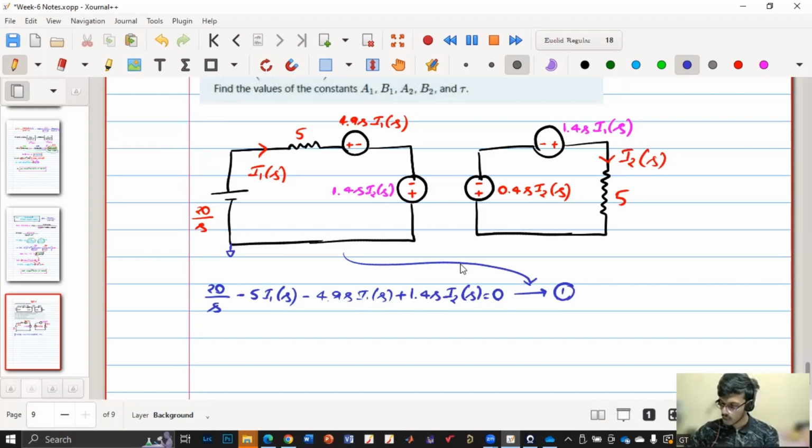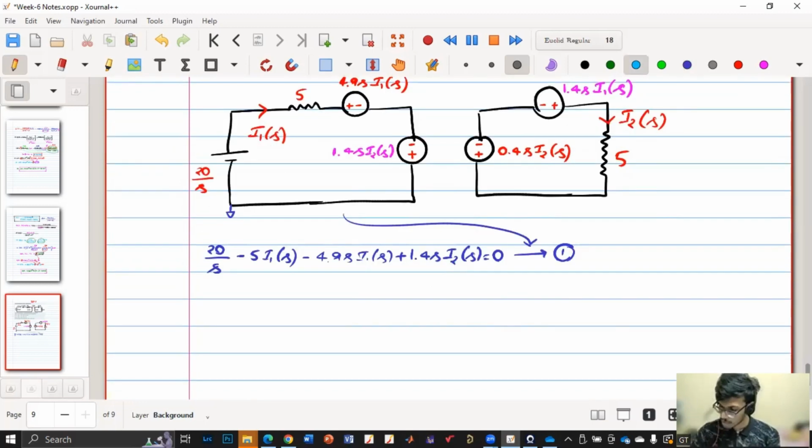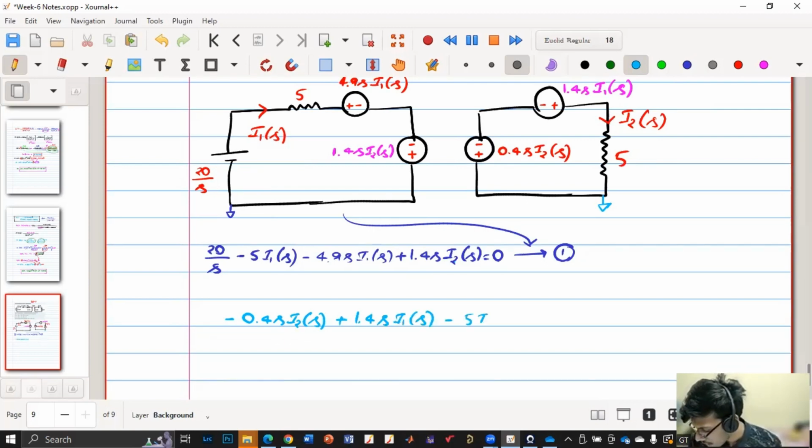Now I'll get equation 2 from the other circuit. I'll start from here and apply KVL. So first is decrement, so minus 0.4 S I2 of S plus 1.4 S I1 of S minus 5 into I2 of S is equal to 0. So this is my equation 2. Two equations, two unknowns, we have to solve.